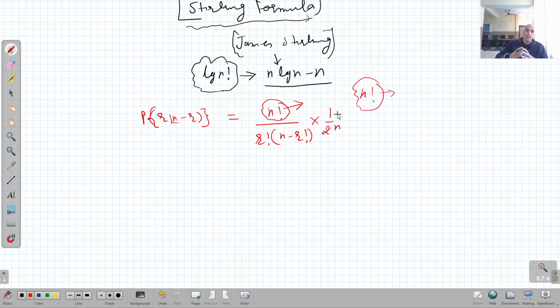Now in thermodynamics or statistical physics, we know the value of n is very, very large. It can be up to 10 raised to power 20, and we know very well that 1 cubic centimeter of a gas contains around 10 raised to power 20 gas molecules. So when n is such a large number, it is totally impossible to calculate the value of n factorial.